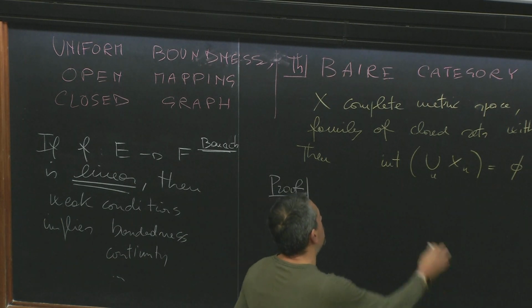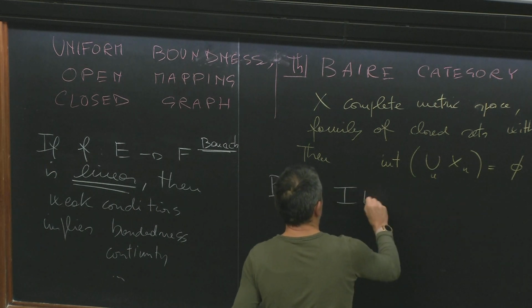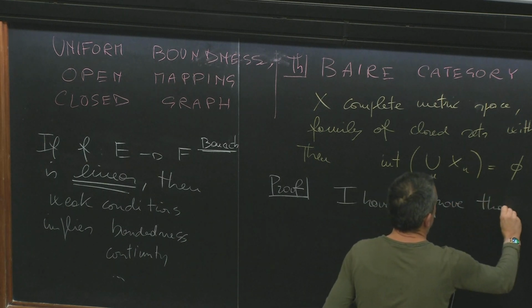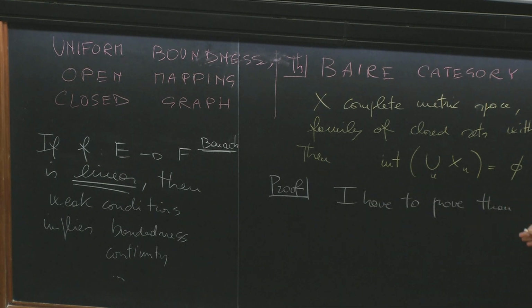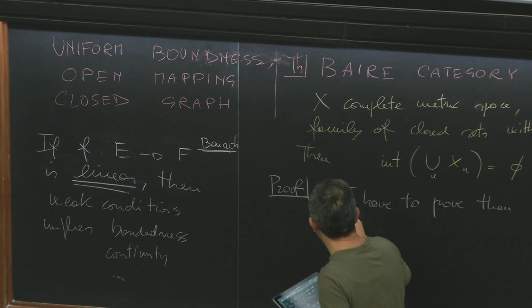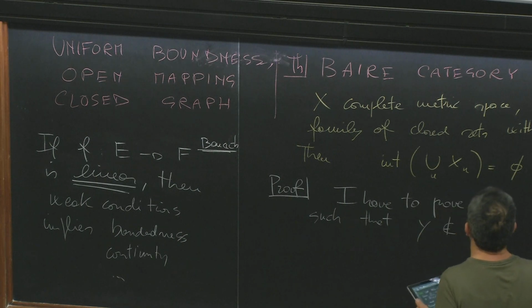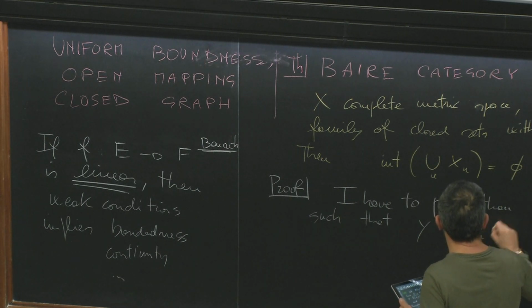So what do I have to prove? I have to prove that, if I fix a ball, there exists a point y belonging to this ball such that y does not belong to the union of Xn.